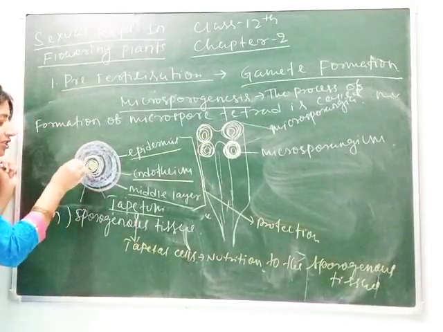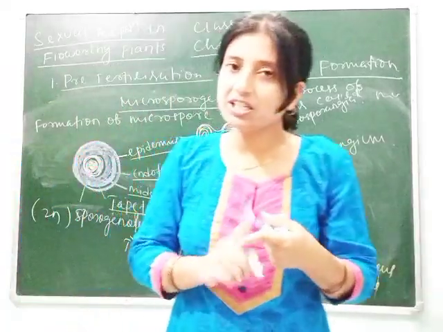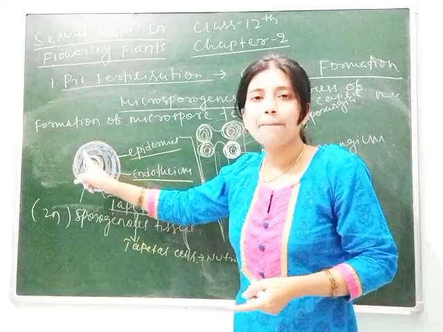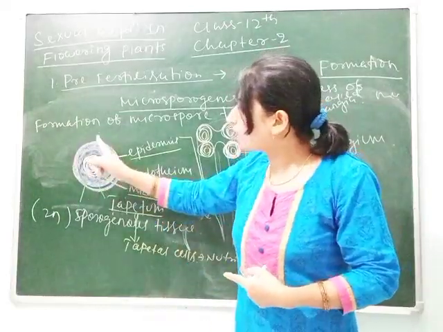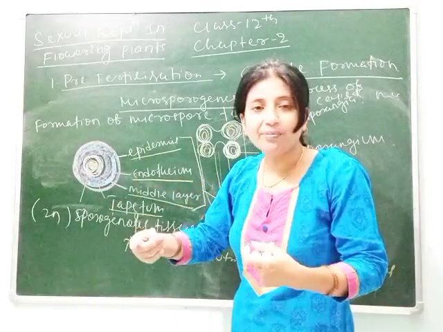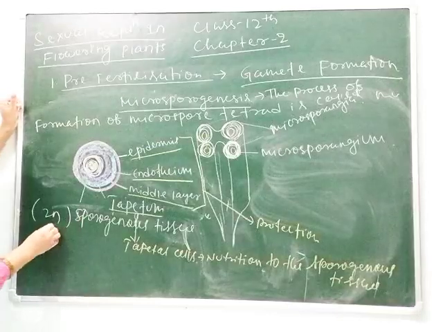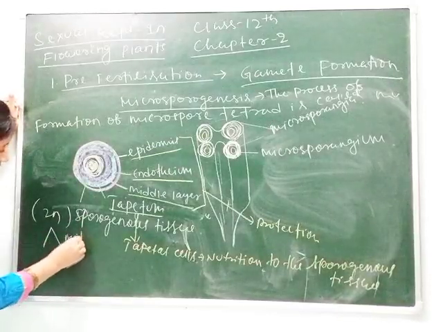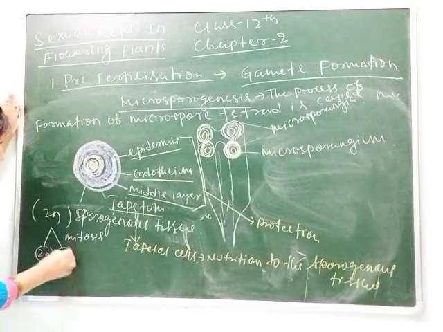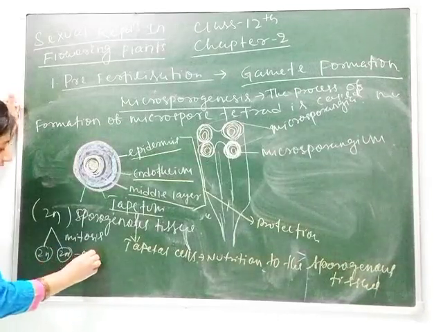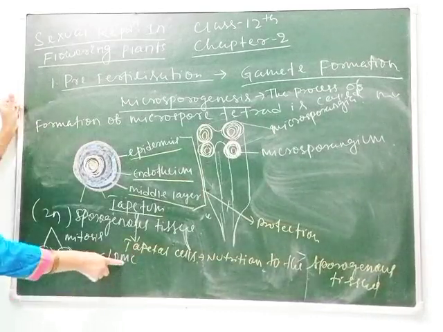First, what happens? The sporogenous tissue goes through mitosis. Remember, the sporogenous tissue goes through mitosis for its differentiation. Clear? And through differentiation, it gives microspore mother cells. So here the sporogenous tissue goes through mitosis and gives 2n cells, which are microspore mother cells, MMC, or we can say PMC, pollen mother cell.